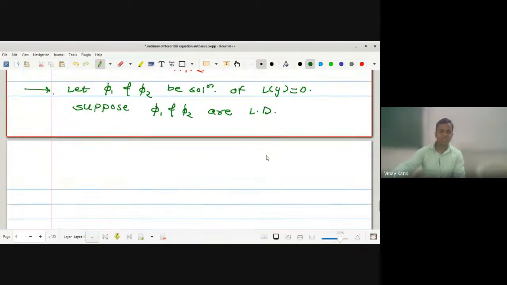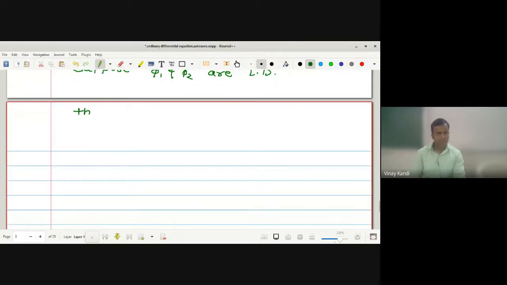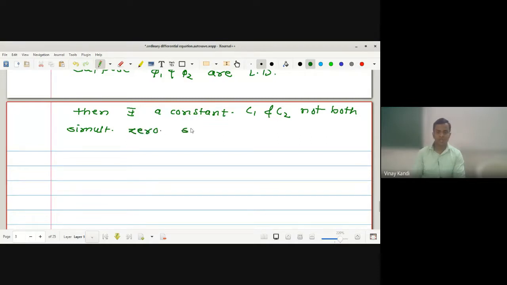What it means is, if phi1 and phi2 are linearly dependent solutions, then there exists constants C1 and C2, not both simultaneously 0, such that C1 phi1 of x plus C2 phi2 of x is equal to 0 for all x belongs to I.